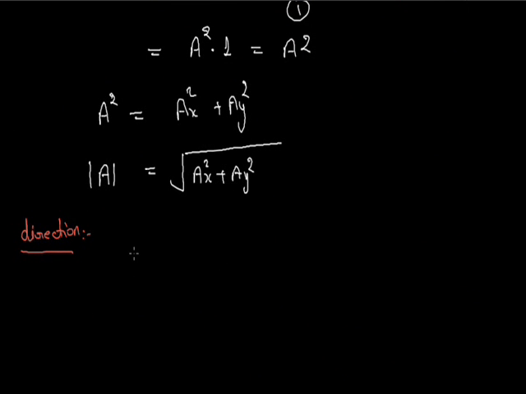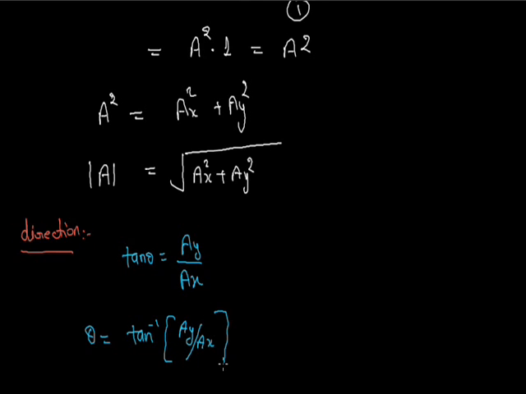We know tan theta equals Ay divided by Ax, and if we find theta, it is equal to tan inverse of Ay divided by Ax. This is our resolution of vectors. From this we find our magnitude, and from this the direction of this vector.